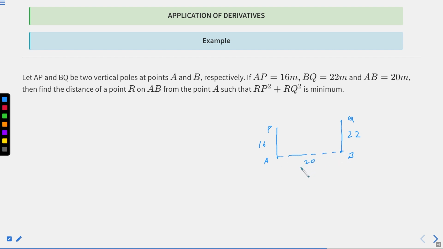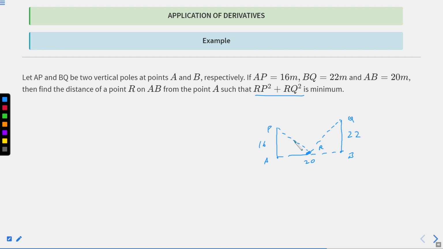Then find the distance of a point R on AB, R is on AB somewhere here, from the point A such that RP plus RQ is minimum. I want this to be minimum. So first of all, find this thing.